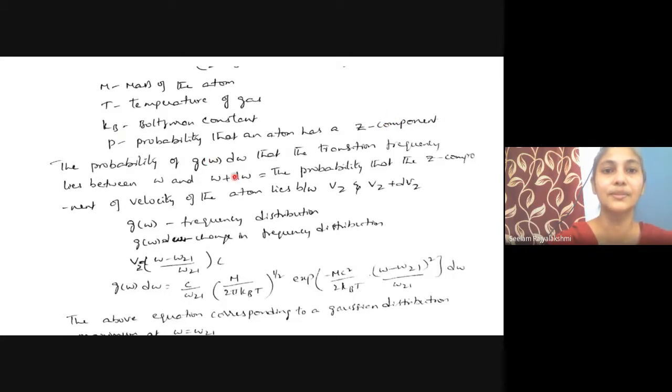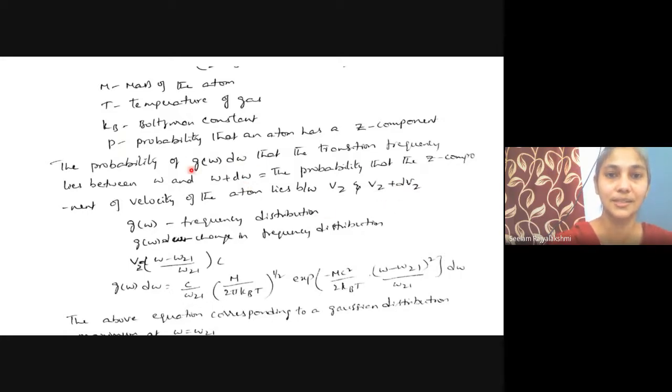The probability g(omega) d omega, that the transition frequency lies between omega and omega plus d omega, is equal to the probability that the z component of velocity of the atom lies between Vz and Vz plus dVz.